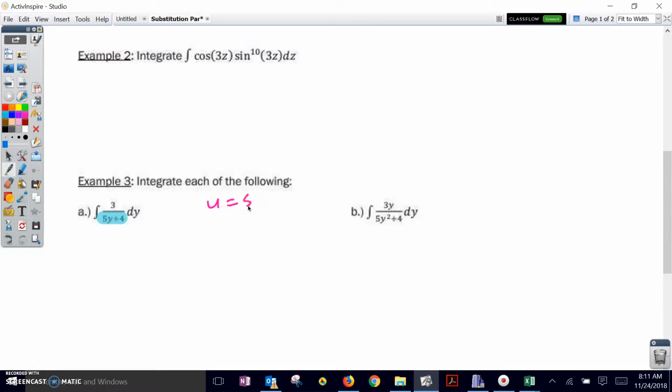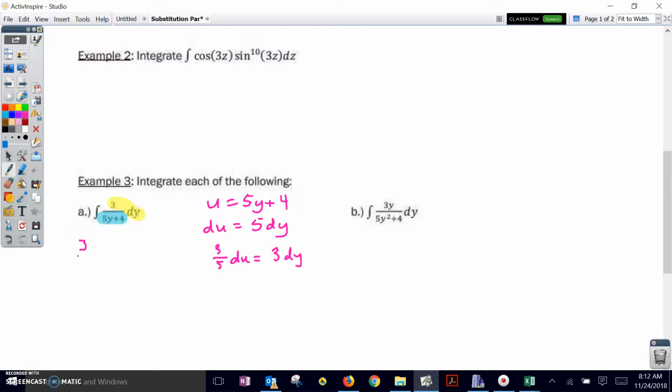We've got u equals 5y plus 4, and so du is equal to 5 dy. What I have left when I make that substitution is a 3 dy, so I'm going to replace the 3 dy with a 3/5 du, and this one rolls out pretty simply from there.